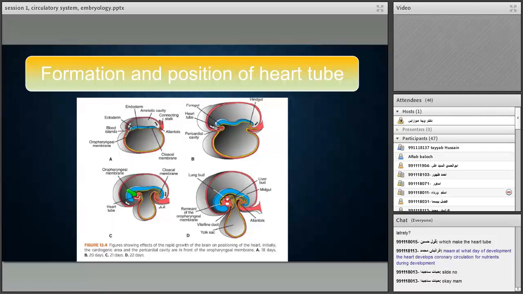As we said, we have some lateral folding beside the craniocaudal foldings in the embryo. Here we can see the craniocaudal foldings.